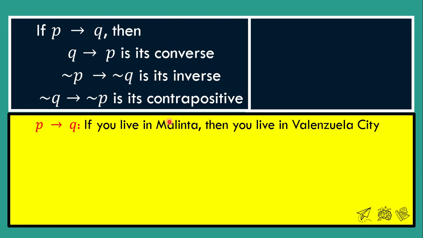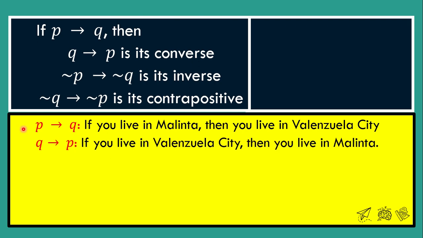So we have here the conditional proposition: if you live in Malinta, then you live in Valenzuela City. What about its converse? We're just going to interchange the premise and the conclusion: if you live in Valenzuela City, then you live in Malinta.